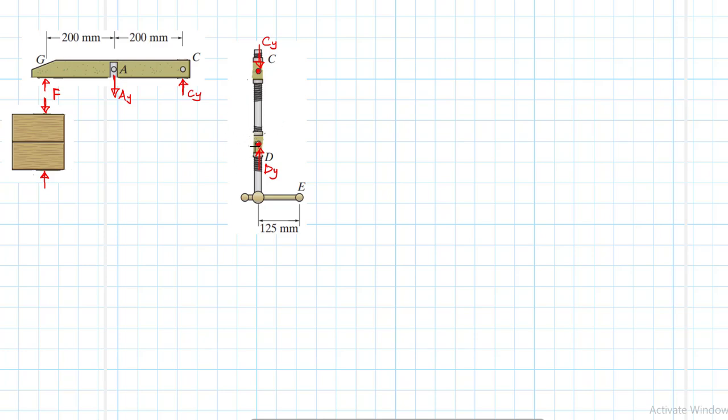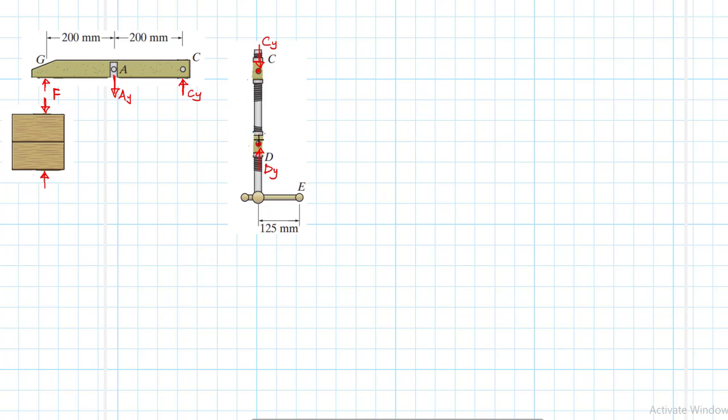As it rotates, the nut at D will be going down while the nut at C will be going up. When this happens, we are exerting a clamping force on this board. That is how we are clamping.